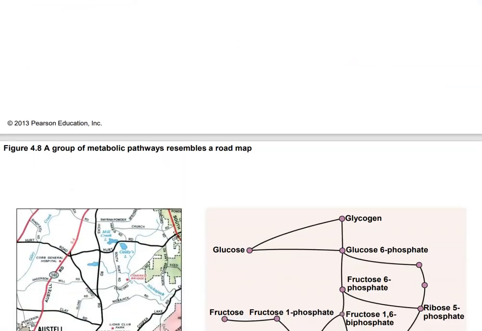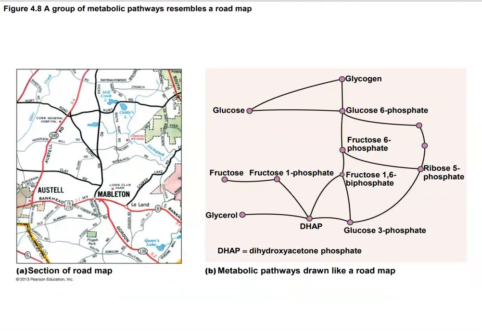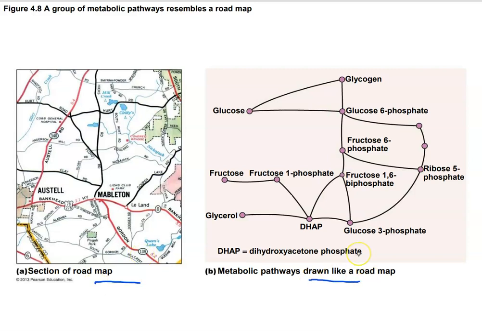There is a diagram in your book that I'm not too fond of, but it kind of does explain what's going on. So here you have a roadmap, and then over here you see a metabolic pathway showing the steps of a certain metabolic pathway. And you can see how glucose gets converted to glucose 6-phosphate and then fructose 6-phosphate, and so on.